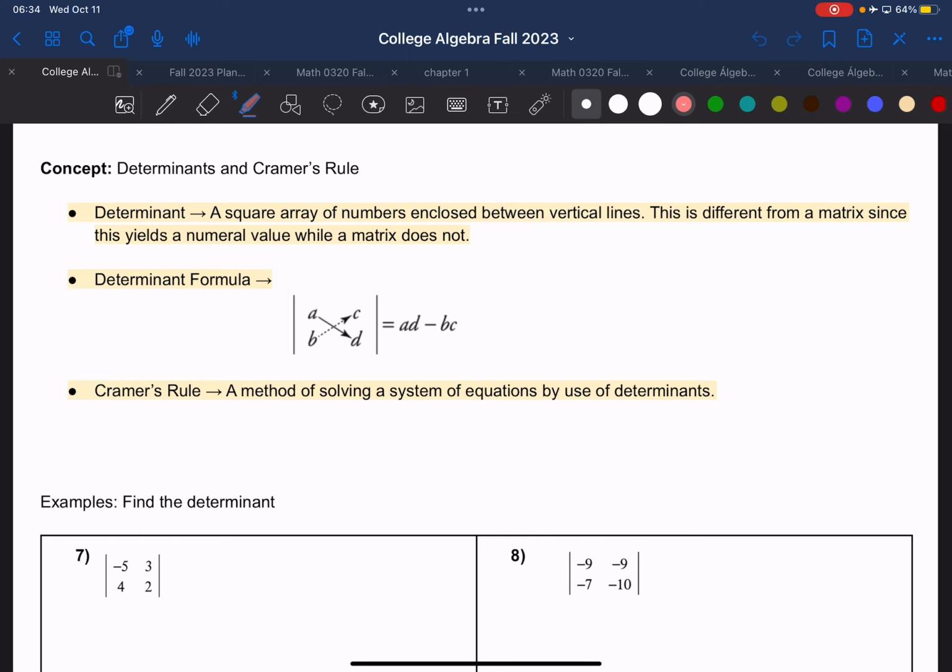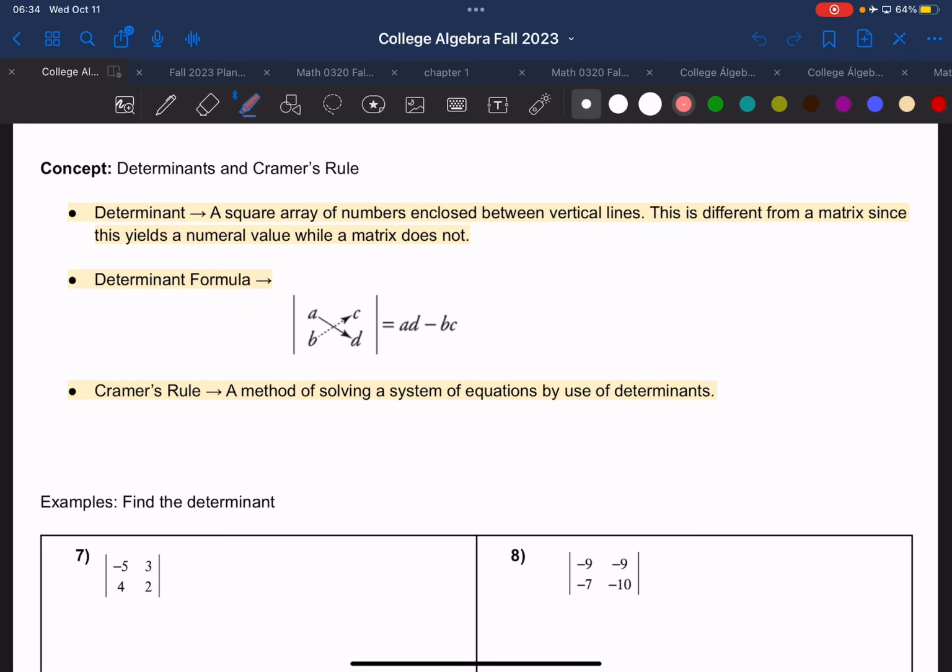So before we can learn about Cramer's rule, we have to learn about determinants. A determinant is a square array of numbers enclosed between vertical lines. This is different from a matrix since this yields a numerical value while a matrix does not.